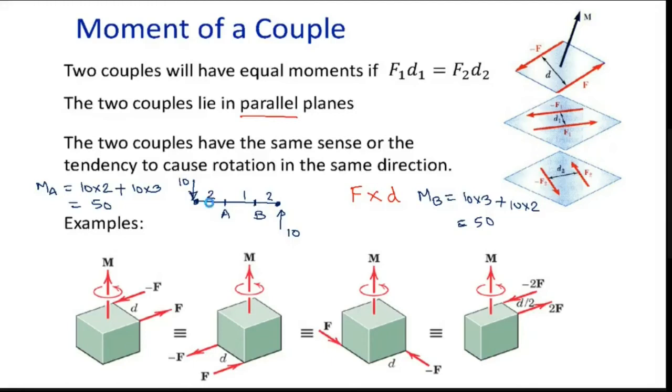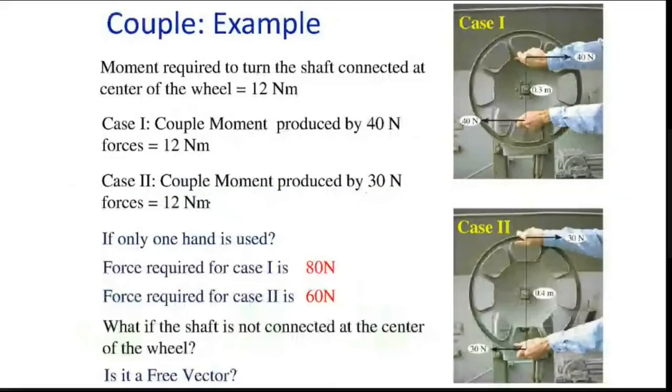Okay, so you can see an example of this moment. You can see that you have a lever which is rotating. You know that some force is required to rotate this particular handle. So wherever you hold your hand, for example, in case 1, you are holding it inside. In that case, you require a force to rotate this.